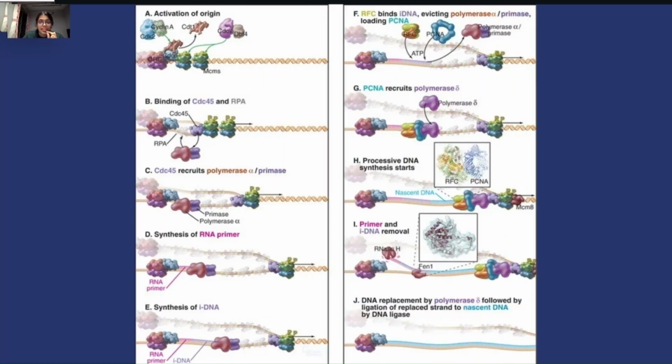That's how all the enzymes come together and form the DNA replication complex, and the new daughter DNA segments are formed.